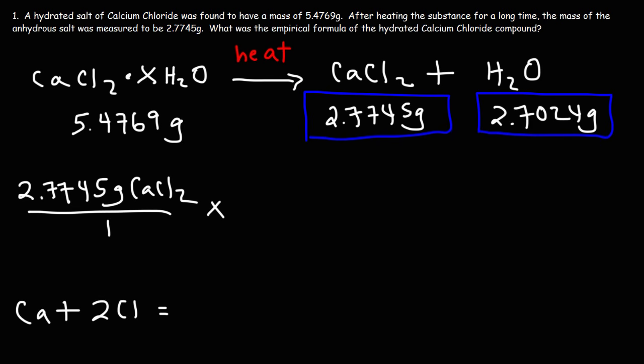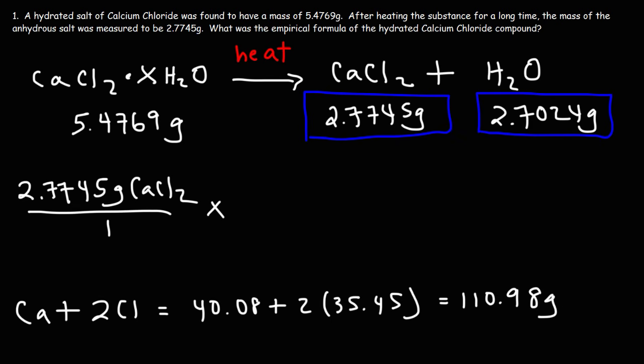Now the atomic weight of calcium, according to the periodic table, is 40.08. And the atomic mass of chlorine is 35.45, and we need to multiply that by 2. So the molar mass, or the formula weight, of calcium chloride is 110.98 grams per mole.